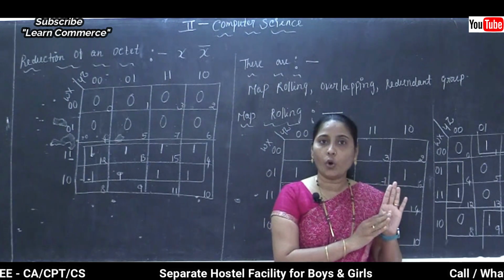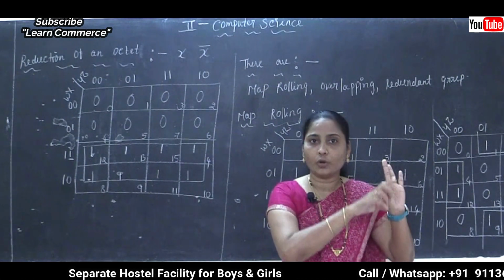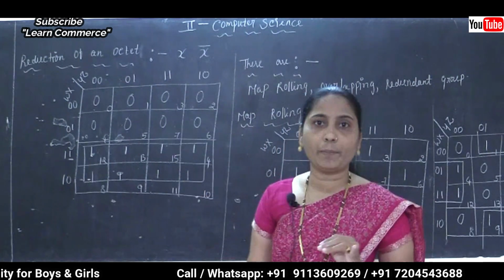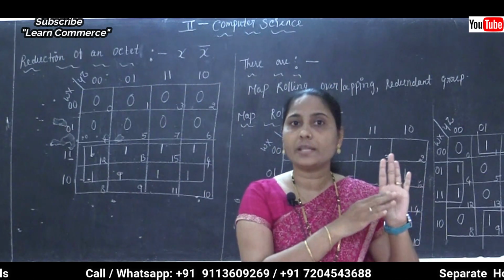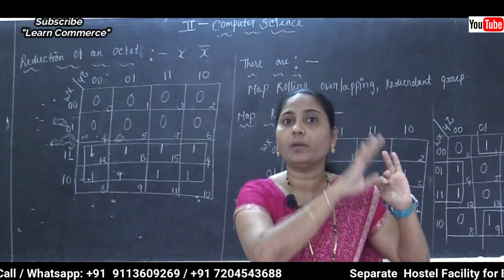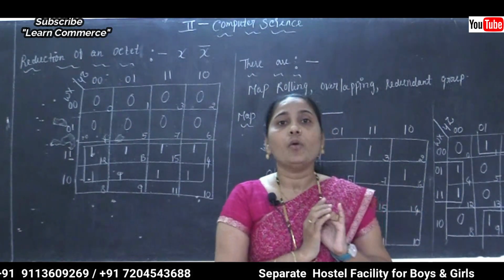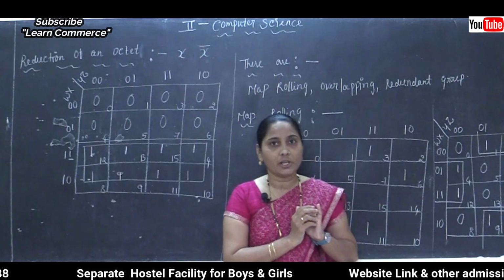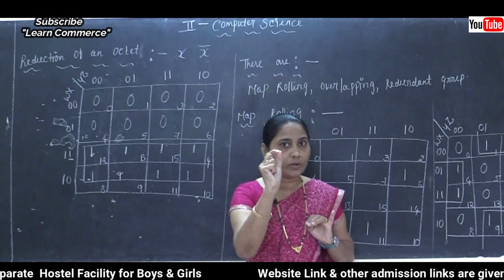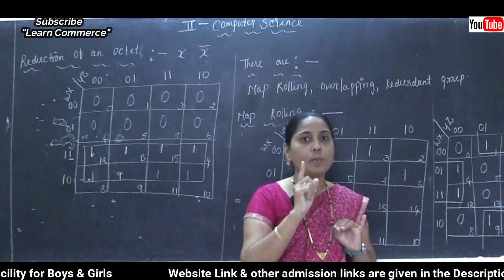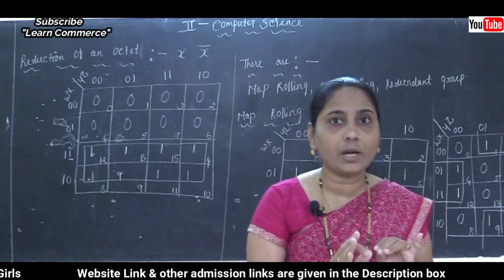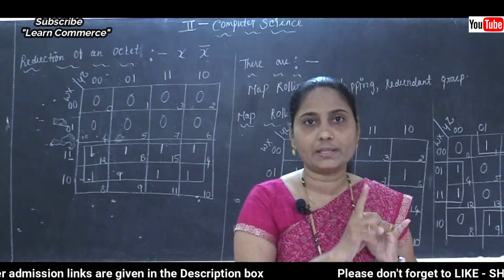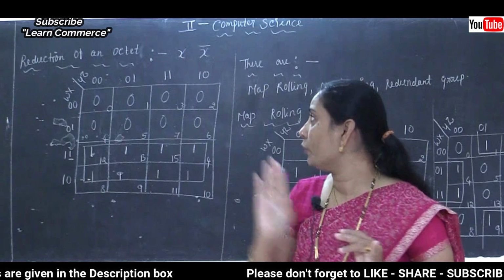The codes are 00, 01, 11, 10, and also at the top of the K-map the codes are 00, 01, 11, 10. Wherever the value 0 is there, take its complement, and where the value 1 is there, no complementation is taken.